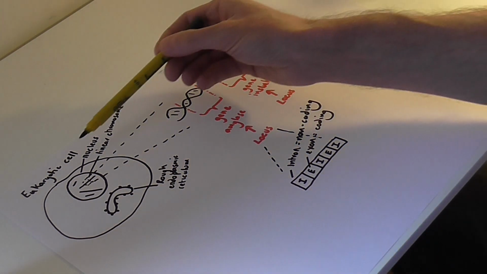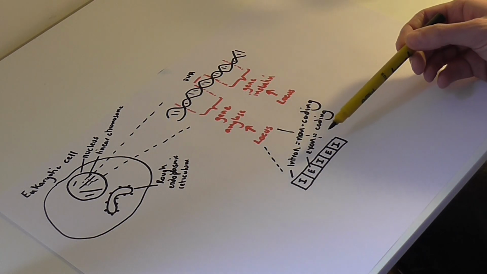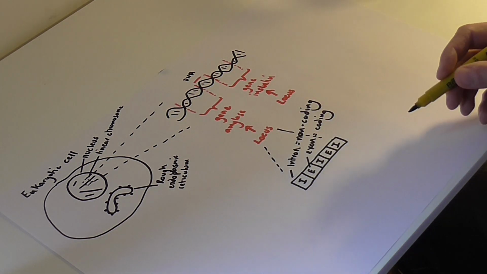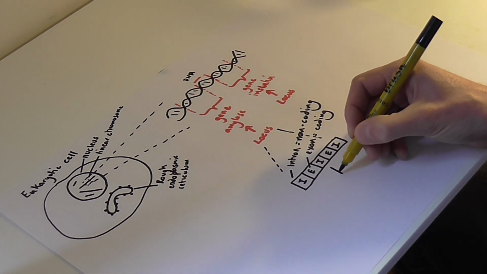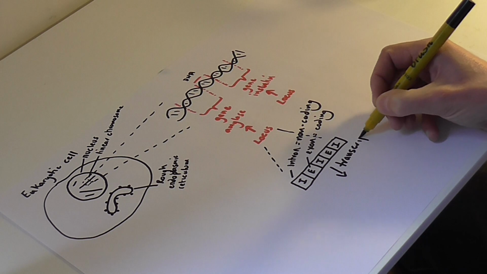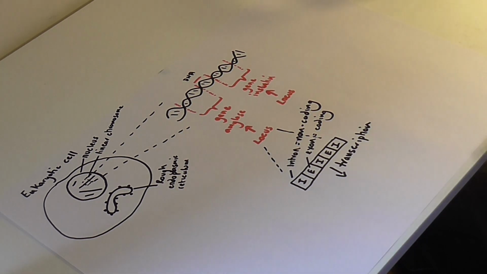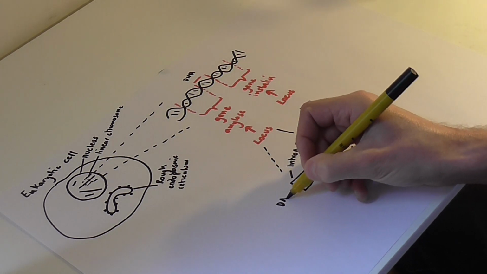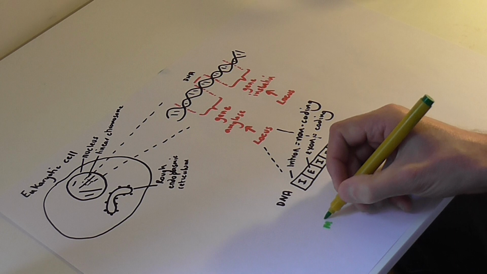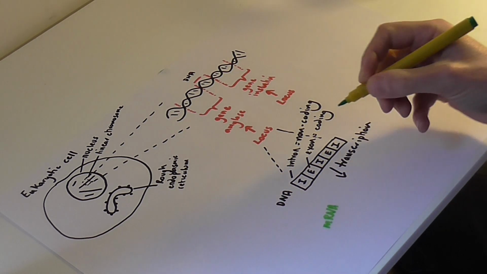So with eukaryotic cells, we've got genes which are made up from introns and exons. What's going to happen in transcription, and this is just an overview before we look at transcription in more detail, is the DNA is going to be converted into RNA, specifically messenger RNA.